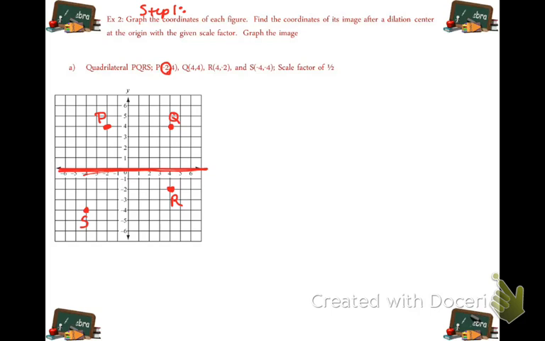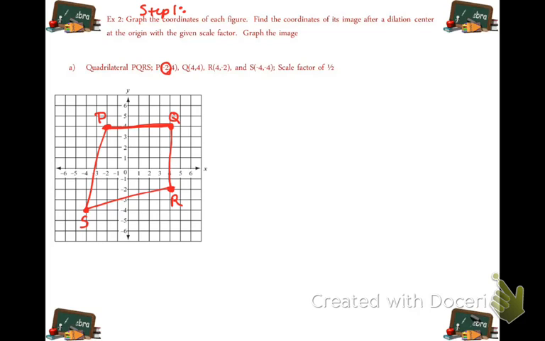So you find -2. And then it says up 4, so that's the reason why P is right there. So I did P, Q, R, and S, and then you're going to put your lines in between and make a quadrilateral out of it.